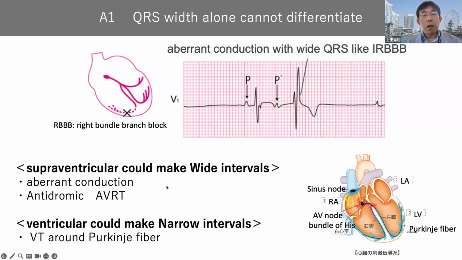And so I would like to say that supraventricular rhythms could make wide intervals, which means there is an aberrant conduction delay, maybe antidromic AVRT. And also the ventricle could make narrow intervals, because VT around the Purkinje fibers looks like a narrow QRS.